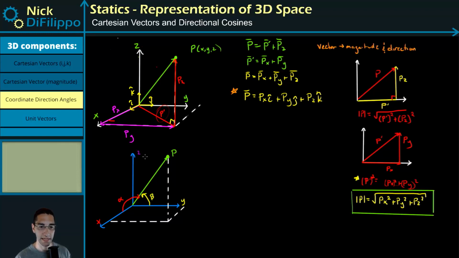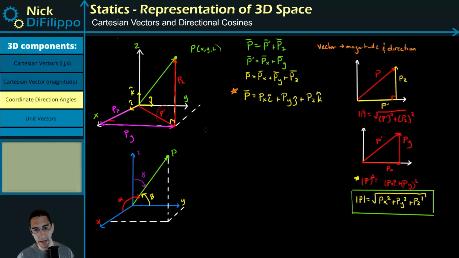And between my positive axis z and my vector, I'm going to call this angle gamma. Now these angles are always going to be between 0 and 180 degrees. And these angles are going to be able to identify this point in space. Now, what are the equations for these angles?